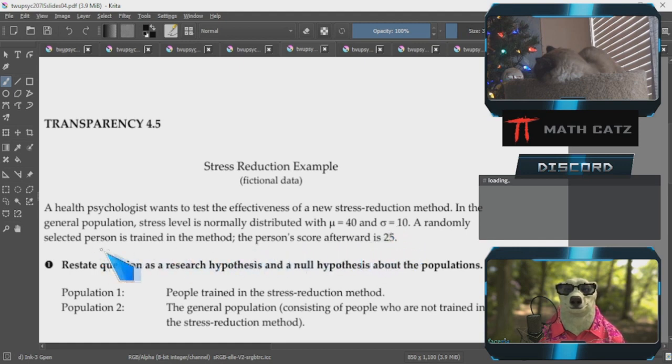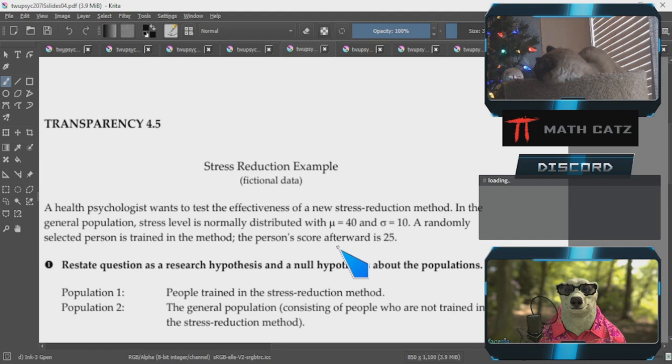A randomly selected person is trained in the method to reduce their stress, and the person's score after this training is 25.